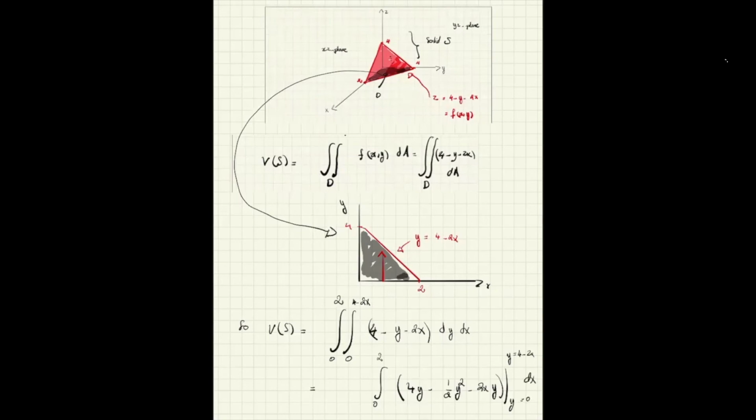Because why not 0 to 4? Oh, sorry. Is it 0 or 4? No, it's 2 actually, because x on the boundary is not 4. Yeah, 4 is for y.